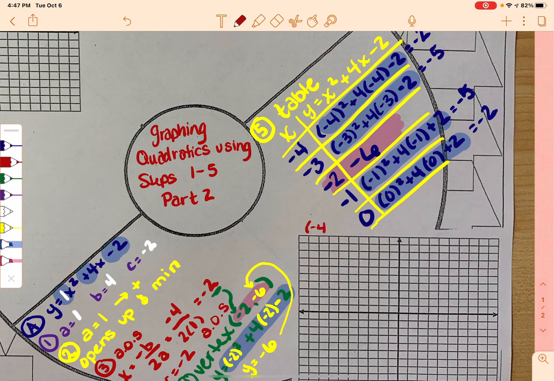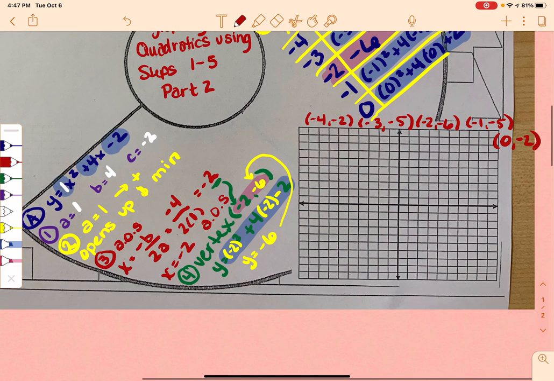So -4, -2; -3, -5; -2, -6; -1, -5; and 0, -2. So I've got those 5 points. I am going to go through, here's my X and Y, just so I know what side's up. And I'm going to graph these 5 points that I have here.